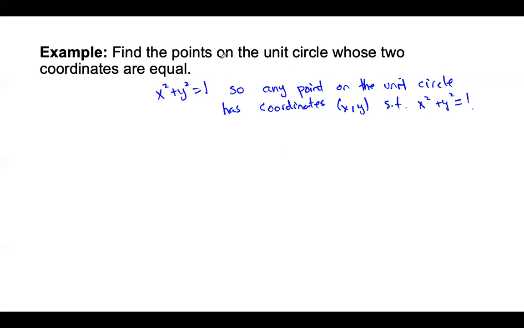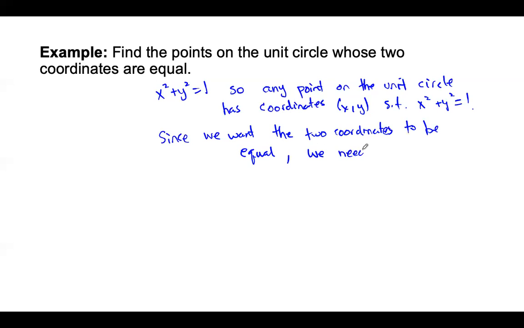Now the question asks us to find the points on the unit circle whose two coordinates are equal. So since we want the two coordinates to be equal, what does this mean? We need x to equal y.